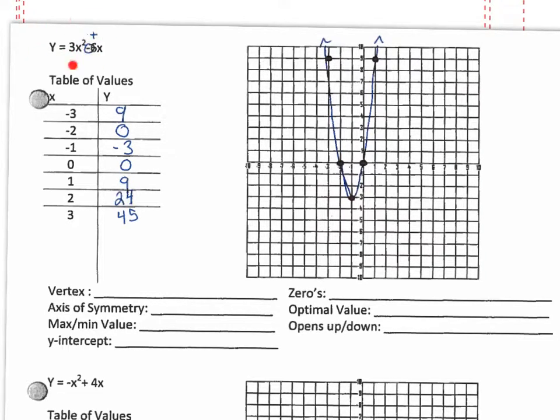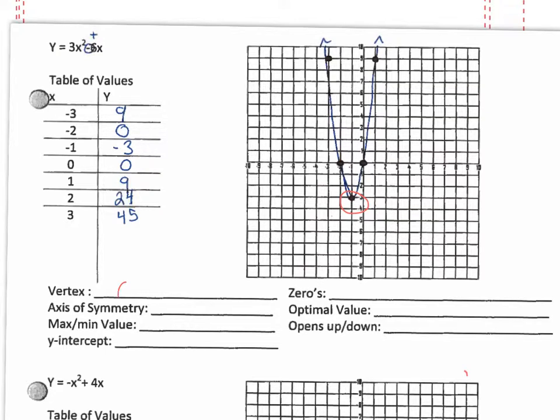And we changed this equation to plus 6x when we graphed it in class. So looking for our vertex, we find our vertex right here. The x value of our vertex is -1. The y value of our vertex is right here, -3.